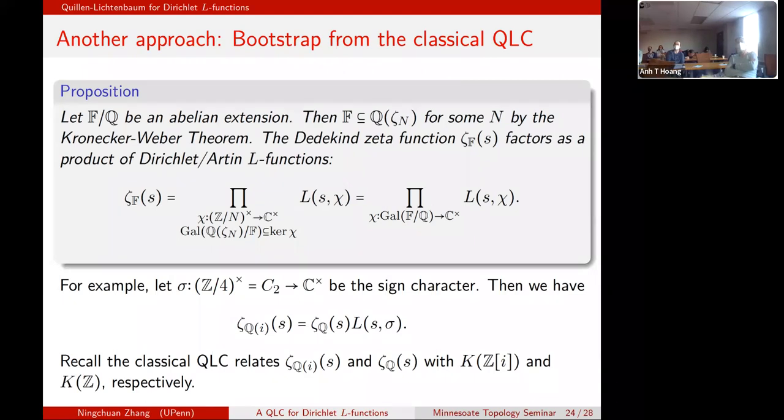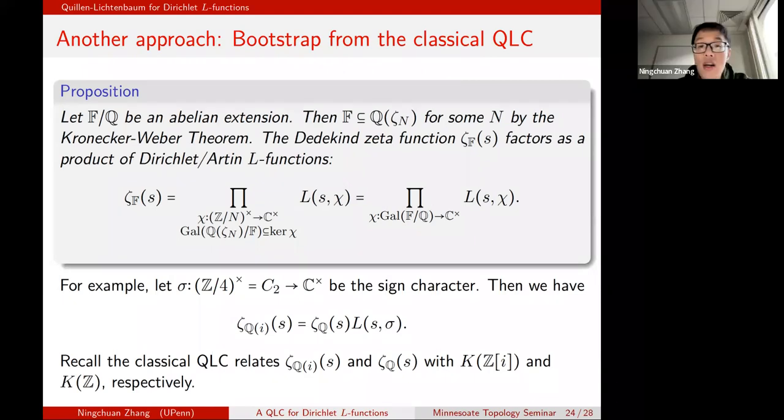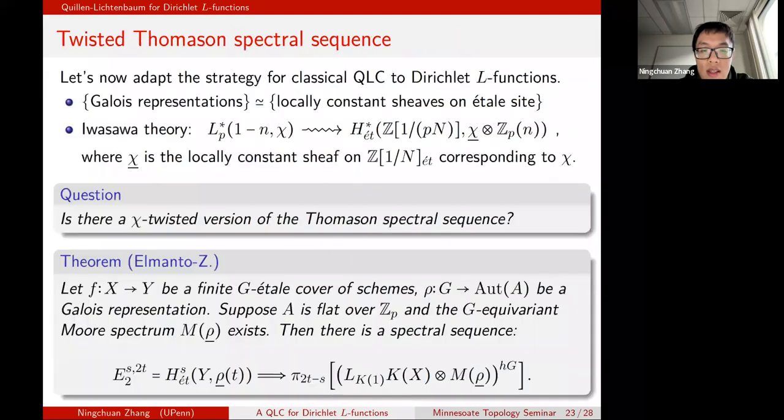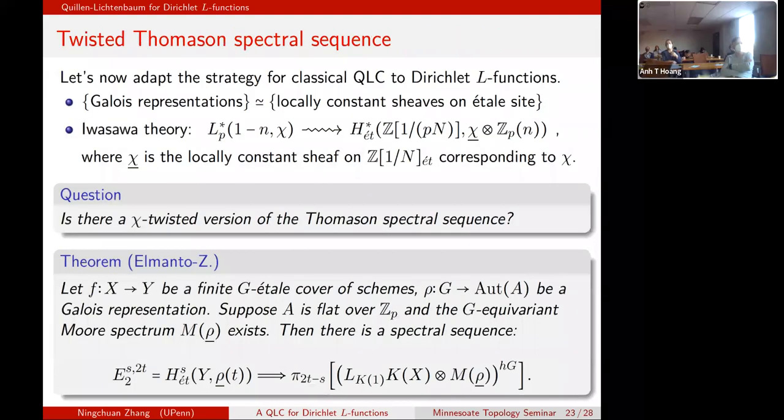Sean, I have another question about the Thomason spectral sequence again. What do you get if, let's say, you've got something smooth, so you can have some kind of motivic filtration on K-theory? What do you get when you look at the G action on the motivic filtration smashed with this equivariant Moore spectrum?